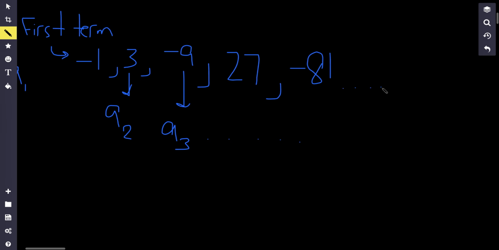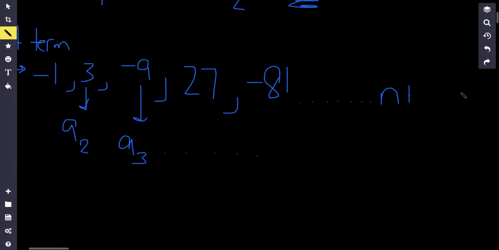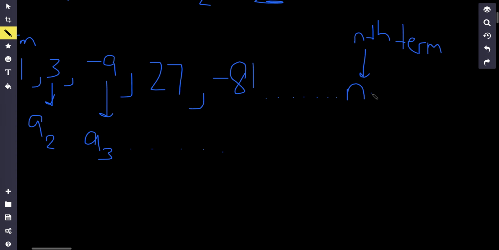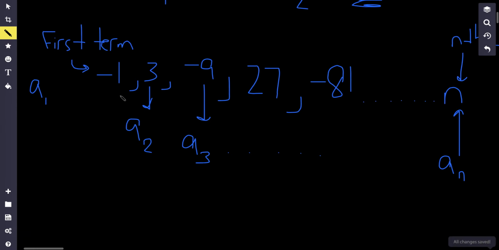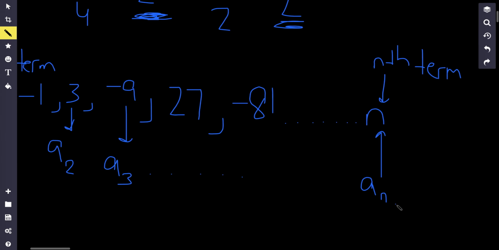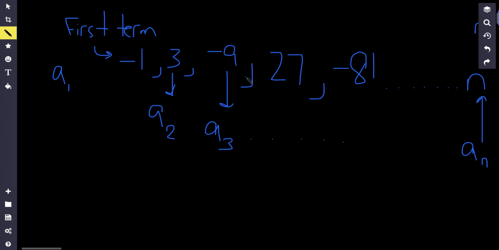If this sequence goes on forever and it gets to the nth term, you can denote this as a sub n. So that's just some notation you've got to know.